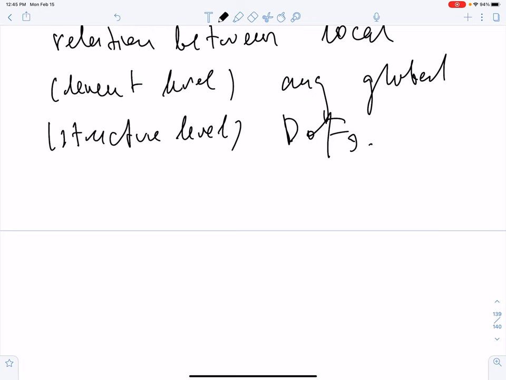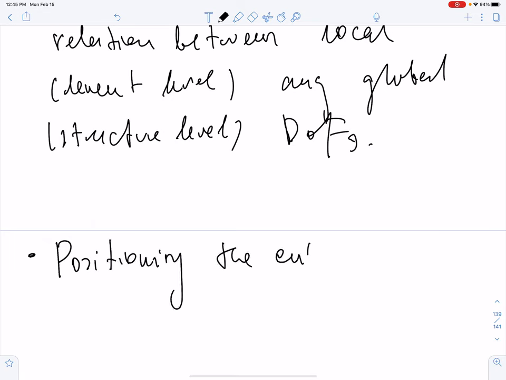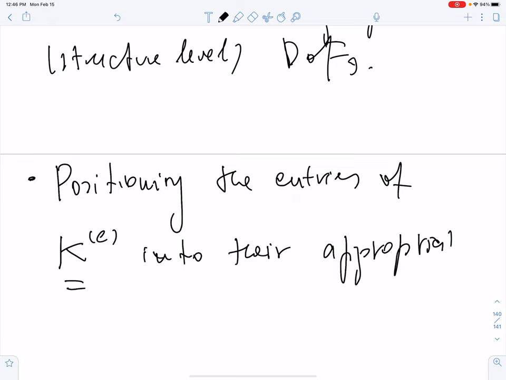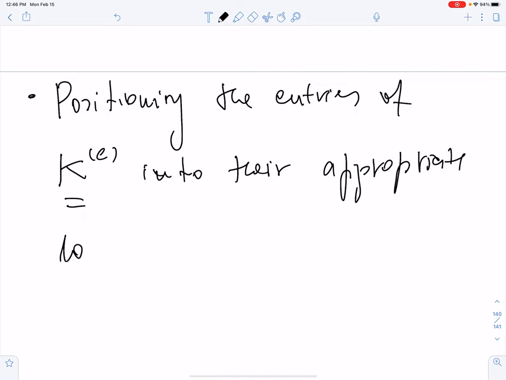You're essentially positioning the entries of K sub B into their appropriate locations of KFF.